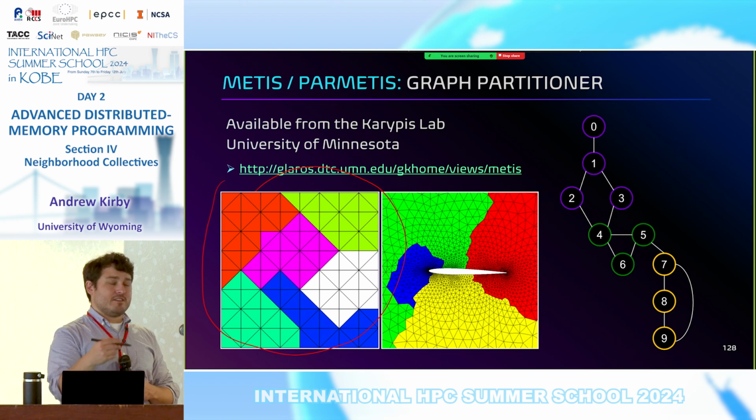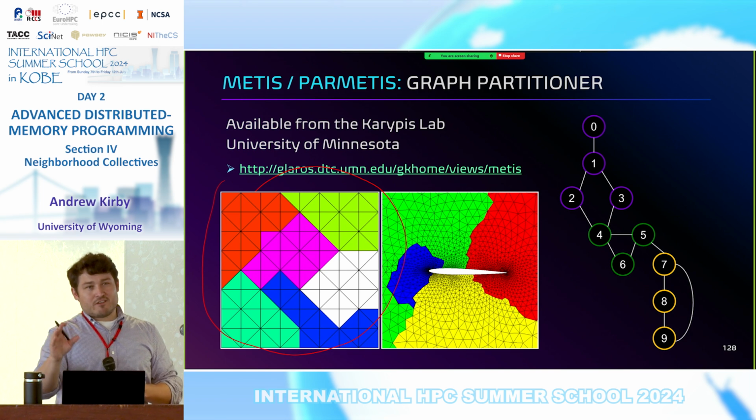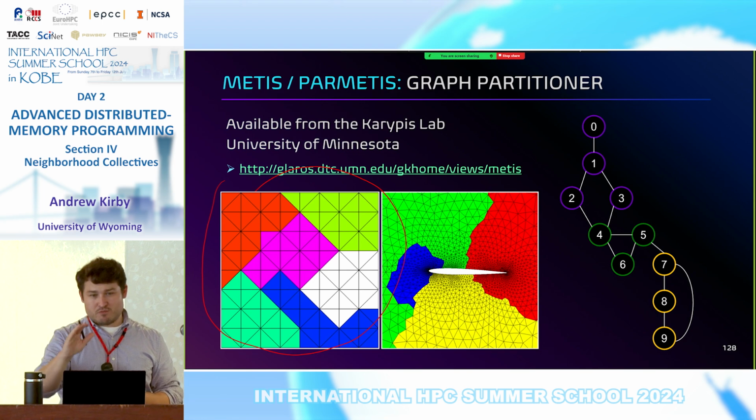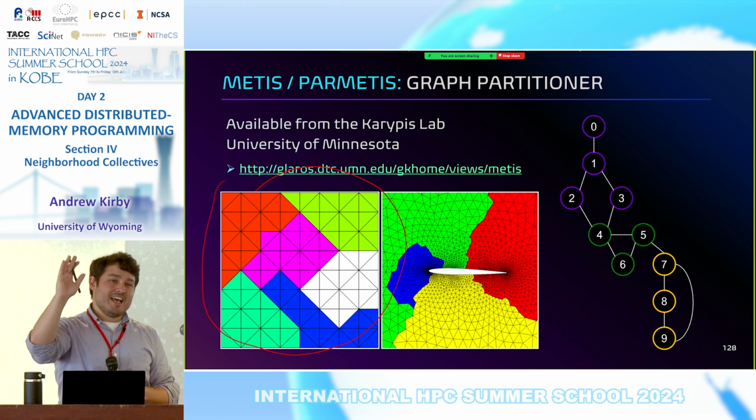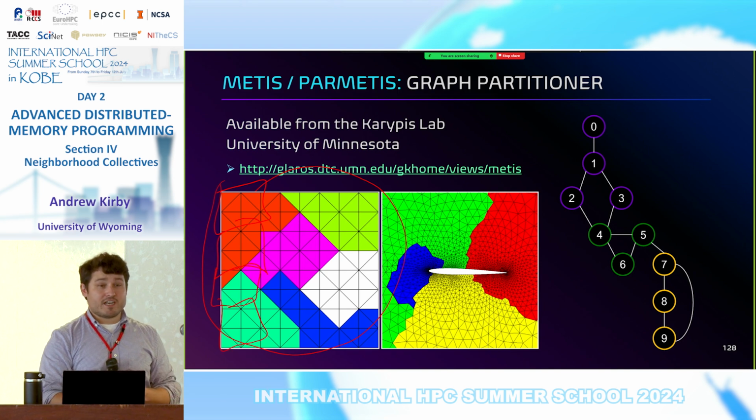That's because it's using what's called a multigrid algorithm. Multigrid is a solution acceleration technique for linear algebra problems, Ax equals b. Anyways, the idea is you start with the fine mesh, and then you group chunks of 4 together and do the partition on that one.